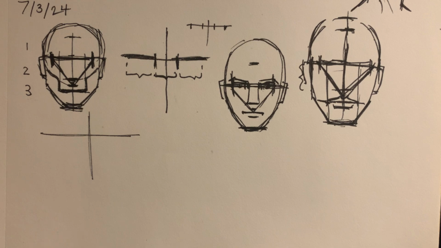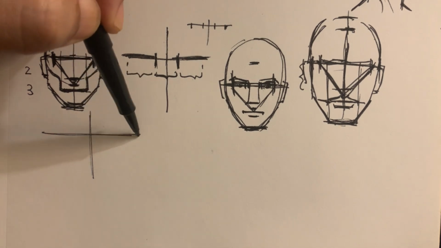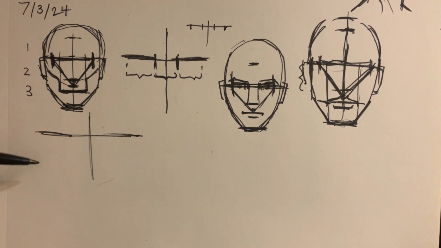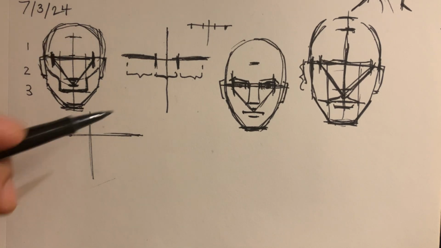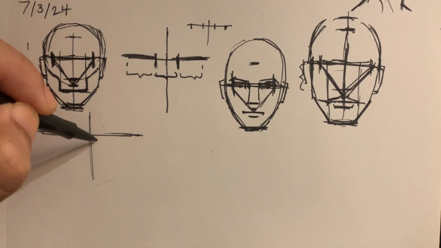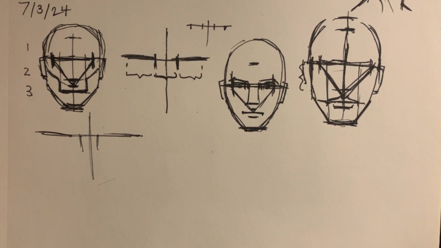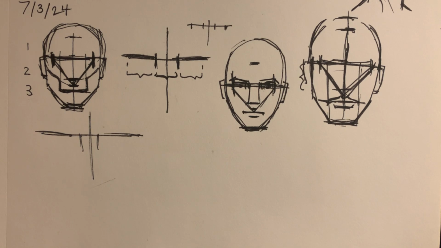One question might be, how do you know if this is the brow? How do you know where the eyes go right here? So basically, figure out this distance. That's your main, that's the nasal bone, the beginning of it.